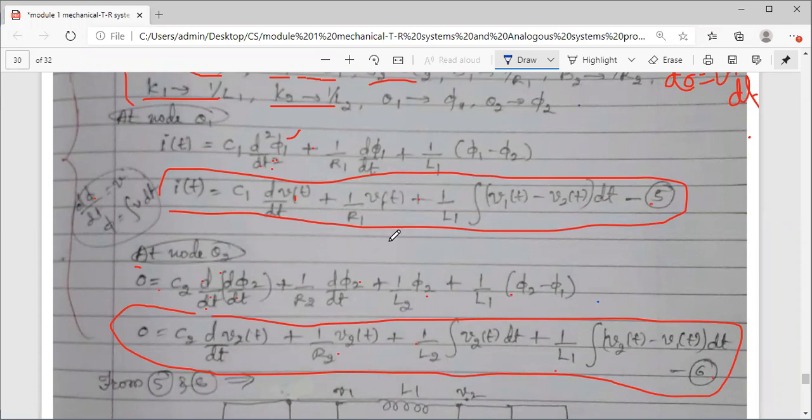Okay, so let me just mark roughly. Shall I draw it here? It will be easy. This is your first node, this is your second node. Okay, blue colors. We have a current I. So what I will do, extending here, I will use a current source. Generally the structure will be like this roughly.